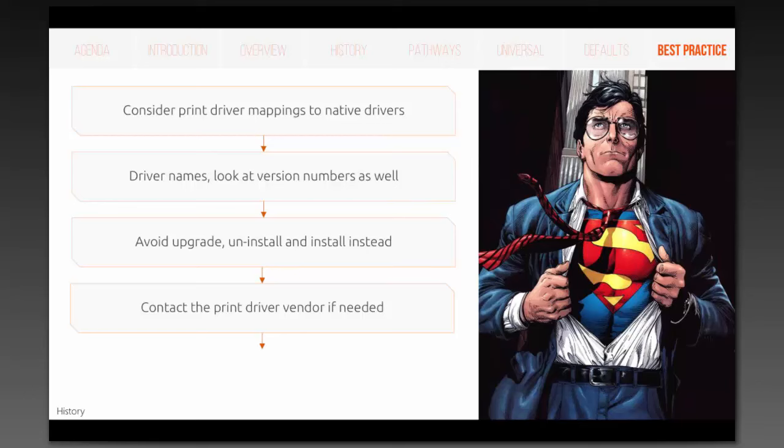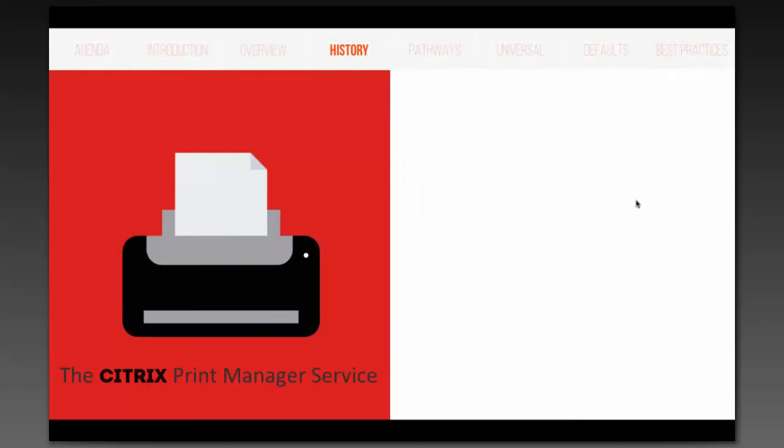For example, if they can only offer you version 2 mode drivers today, then you don't want to use those today, so contact the vendor, contact Citrix, or see what you can work out. And always try to match the OS on the print server with that of the Citrix RDS OS as well.